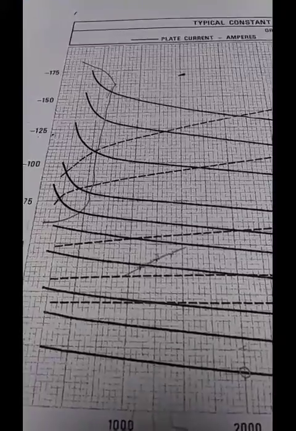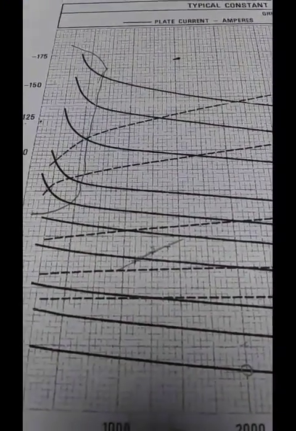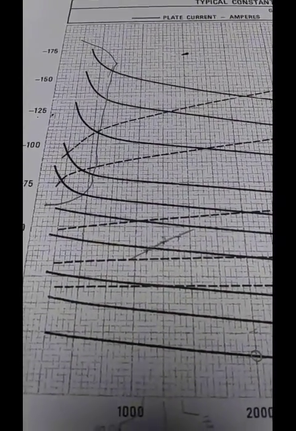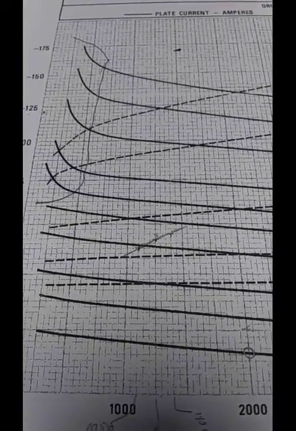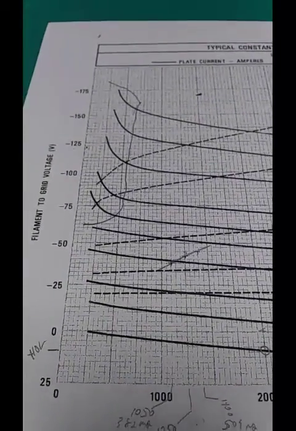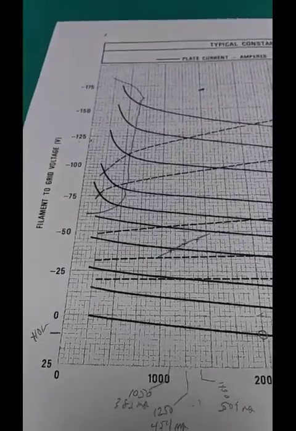And that 400 milliamp DC is going to be kind of an average ballpark number as we read on a meter, maybe. I don't trust meters any further than I can throw them.